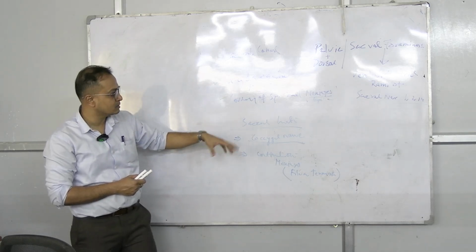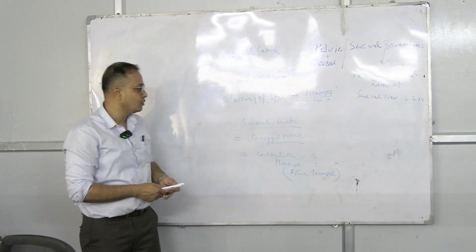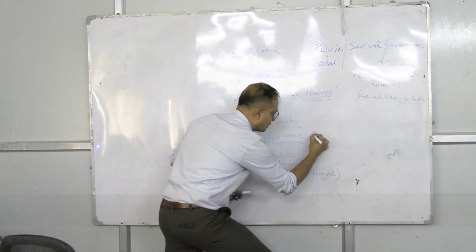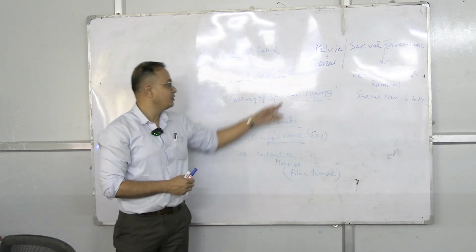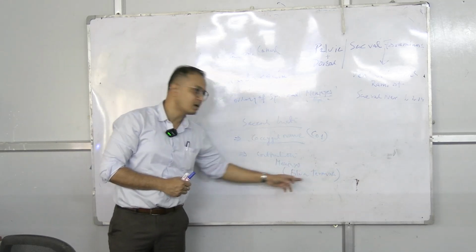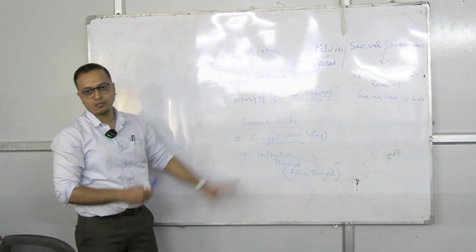What comes out with this sacral hiatus is coccygeal nerve, abbreviated CO1, and then we have the continuation of the meninges, which we call filum terminale, getting out of here.